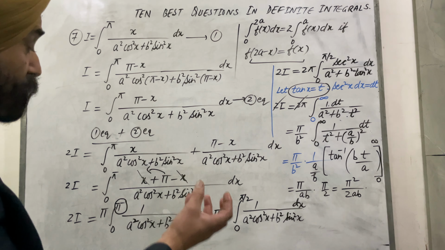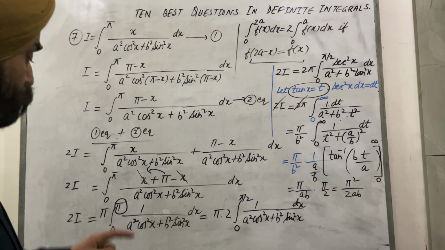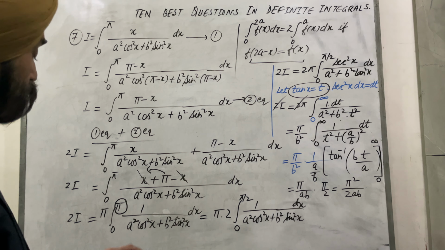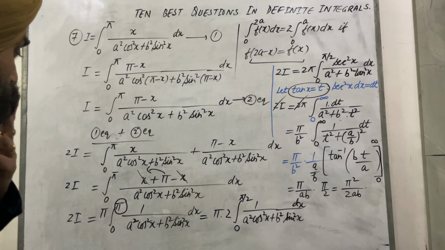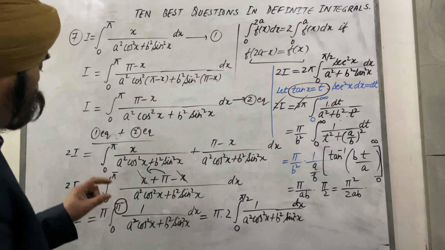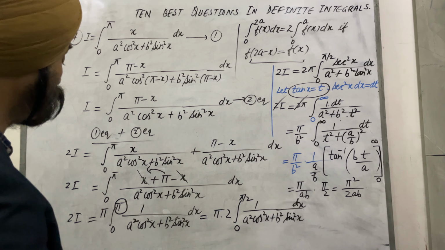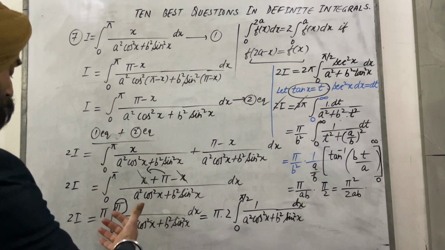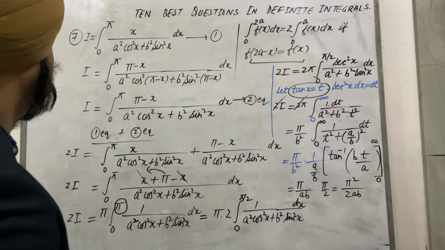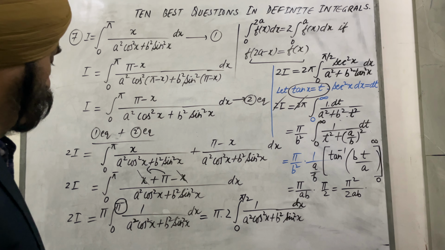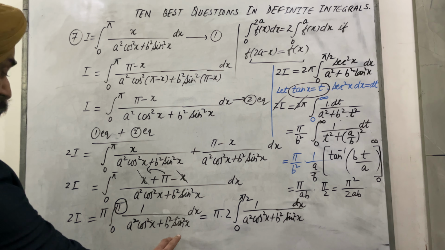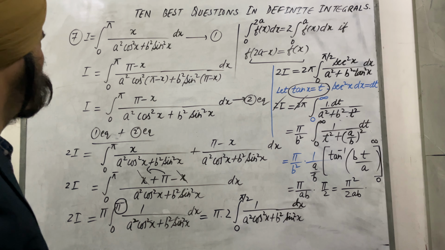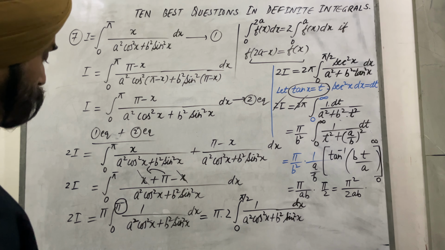If we are dividing by a quantity, make sure that that quantity or that expression is not becoming 0 in between these two extreme limits. If it is becoming 0, you need to rework, you need to do something so as to modify the question and proceed further. For this one, I will say that you should restrict yourself from dividing by cos square x, otherwise this question will go wrong. So what exactly can be done?